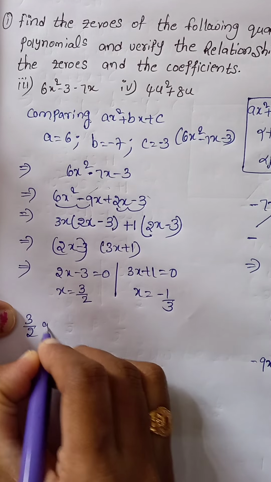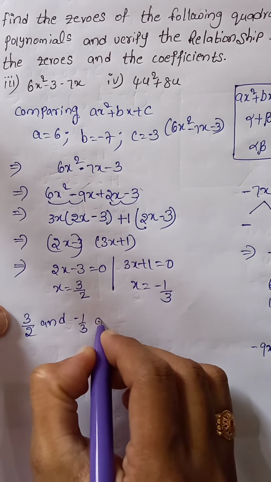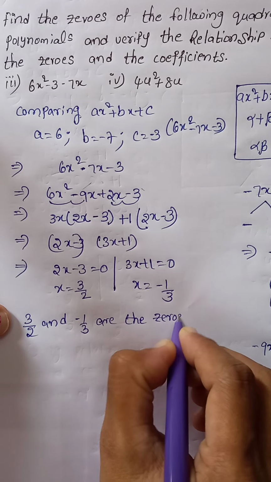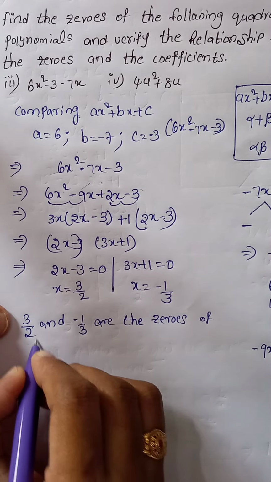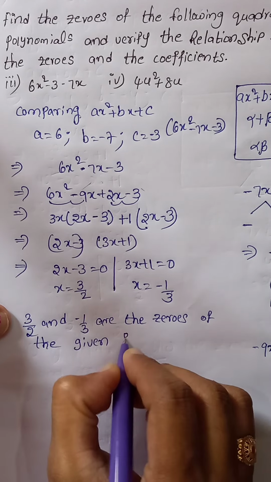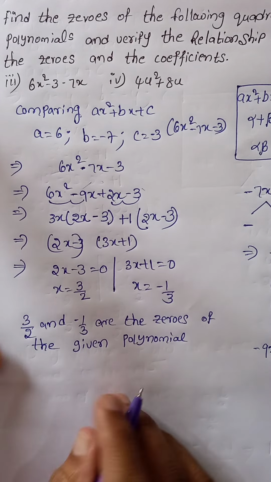3 by 2 and minus 1 by 3 are the zeros of the given polynomial. Okay.